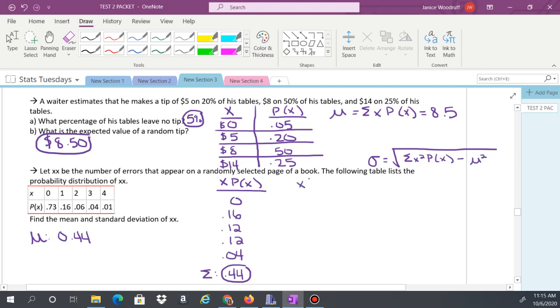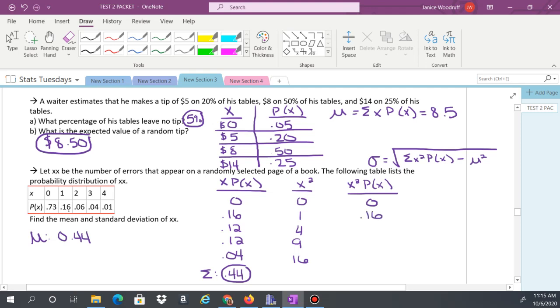So let's get x squared. 0 squared is 0, 1 squared is 1, 2 squared is 4, 3 squared is 9, and 4 squared is 16. Then x squared times p of x: 0 times the original probability is still 0. 1 times 0.16 is 0.16.